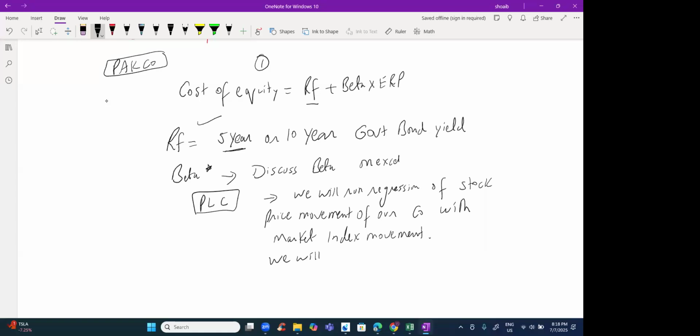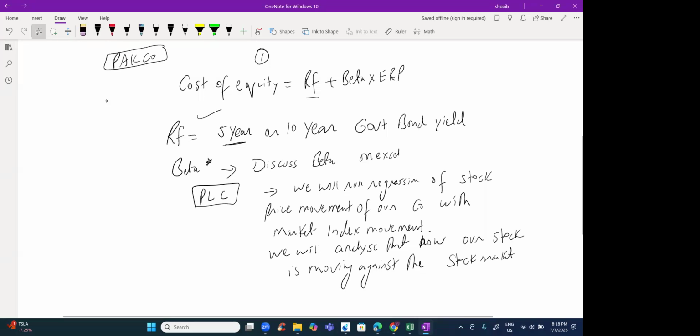We will analyze how our stock is moving against the stock market. If our stock is more volatile than the market, then our beta is greater than 1. If our stock is less volatile than the market, then our beta is less than 1.